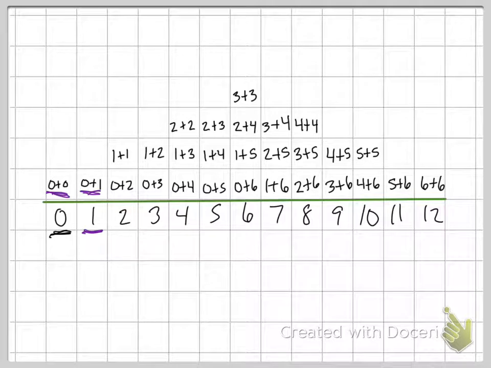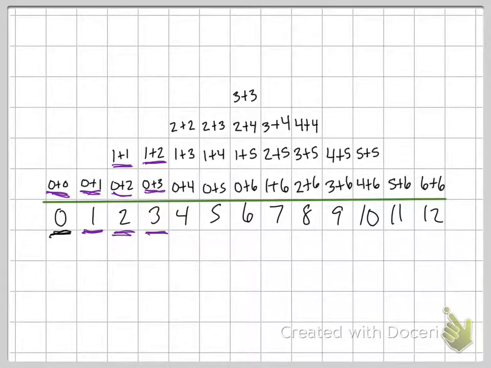It doesn't matter which half, but one of them does. If I want 2 dots, I could have 0 on one half and 2 on the other, or 1 dot on each side. If I want to have 3 dots, I can have 0 dots on one side and 3 on the other, or I can have 1 dot on one side and 2 on the other. And that continues all the way through.